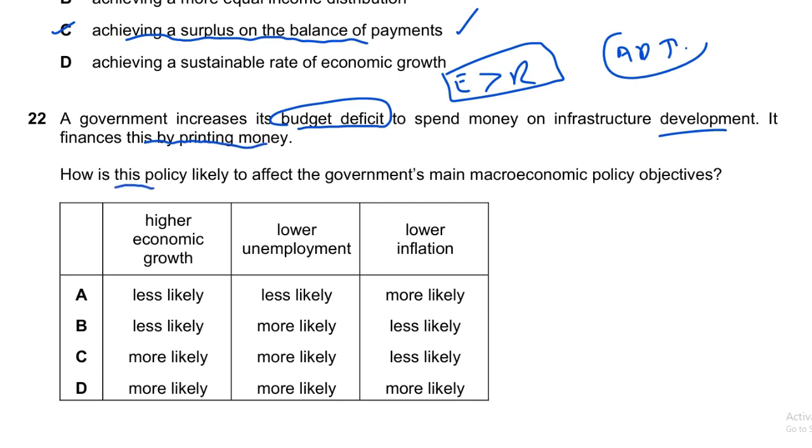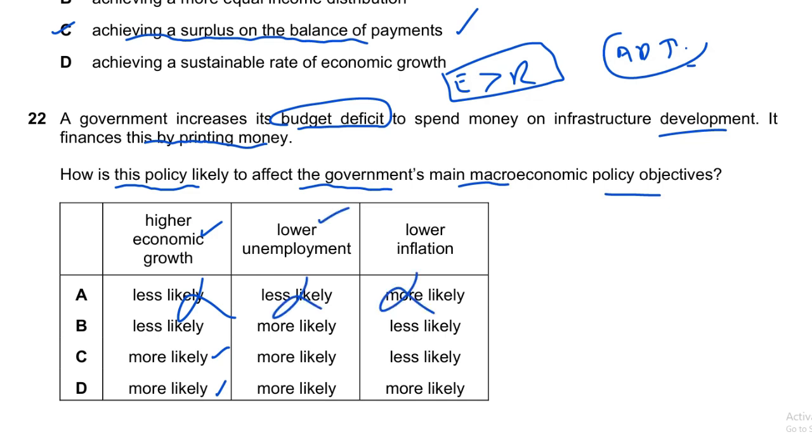So how is this policy likely to affect the government's main macroeconomic policy objectives? Higher economic growth. Okay, so if aggregate demand is increasing, an increase in aggregate demand can cause economic growth in the country. So economic growth is more likely, so we can cross out these two options.